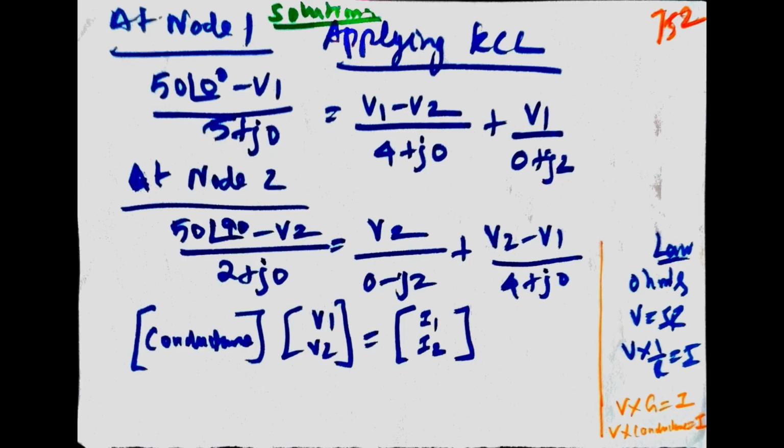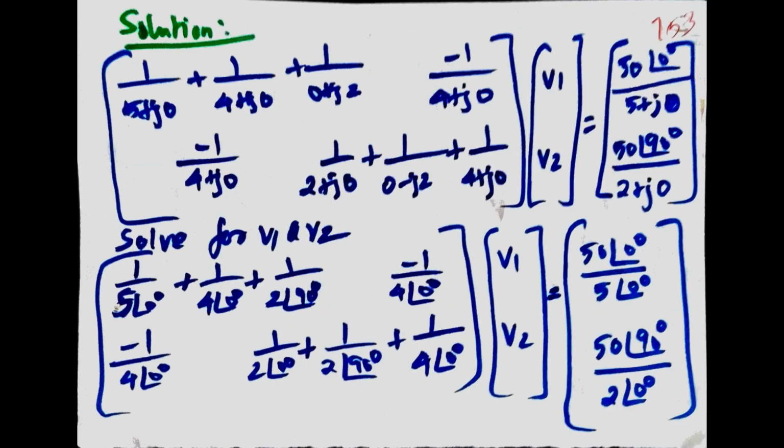Find the V1, V2 values using complex algebra, using complex impedance to polar form and mathematical functions. In this page, we see the conductance matrix.